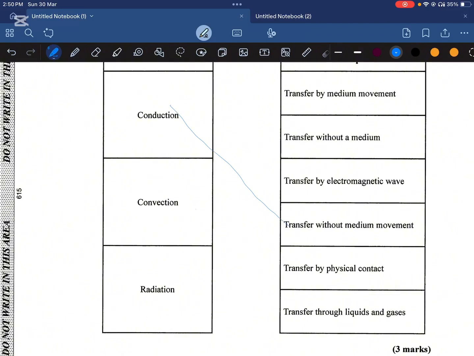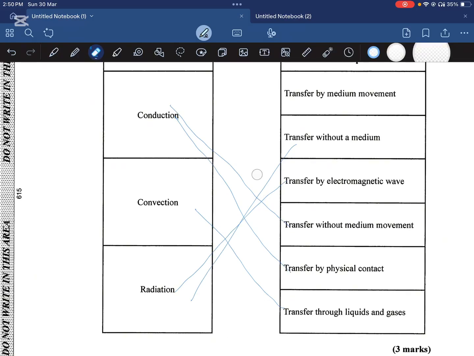Convection deals with transfers through liquids and gases in a cyclic manner. And then radiation is transfer by electromagnetic waves, right? Without a medium could also be possible. Conduction, also by physical contact, could be possible as well, right?